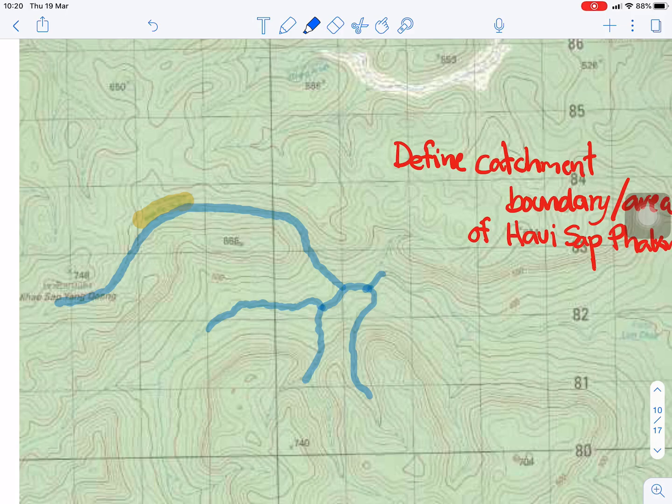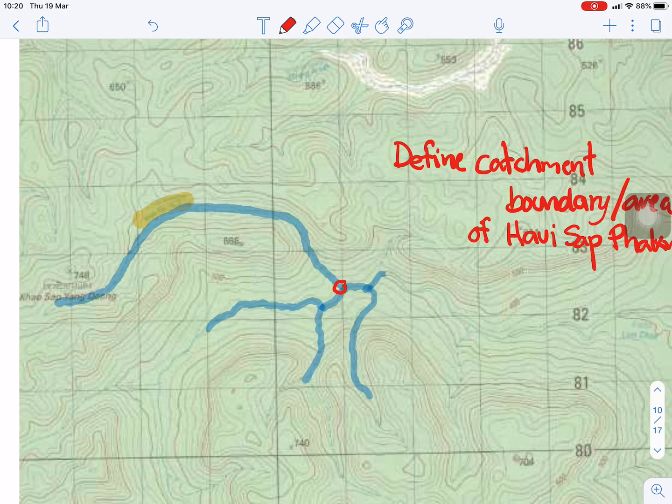Okay, in the topographic map, you can see the stream is a small blue line. Next we have to draw the watershed divide. This is the outlet of the Huai Phak, this is the outlet.